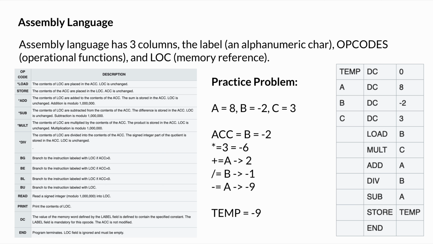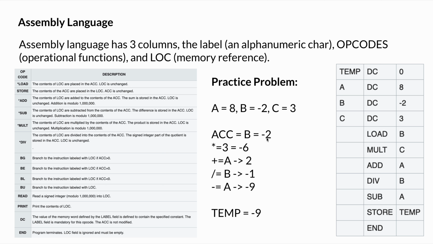And I have an example problem here where we're storing 8, -2, and 3, and these variables. Load B puts the contents of B into the accumulator, so the accumulator is -2.